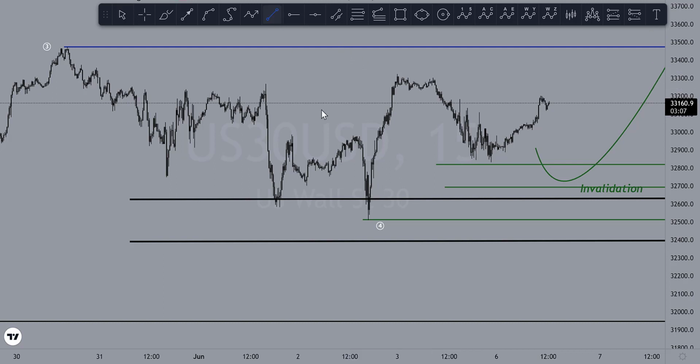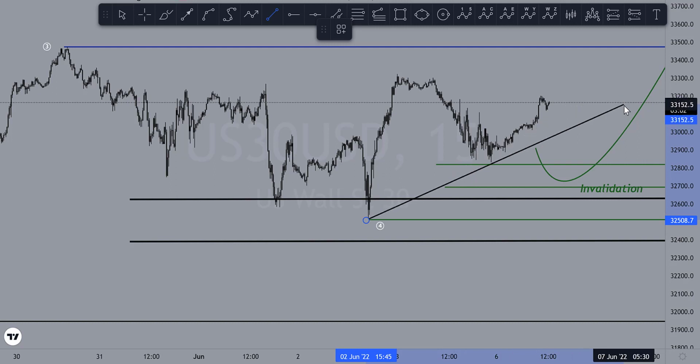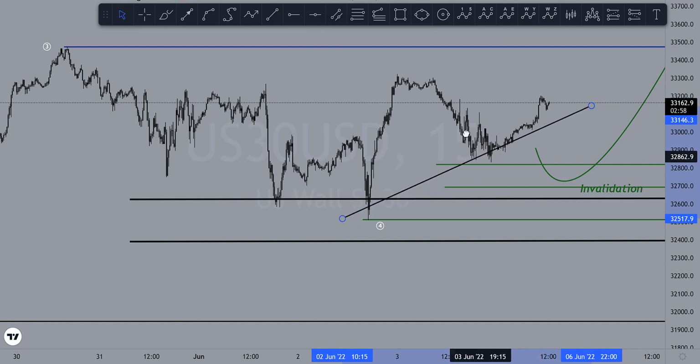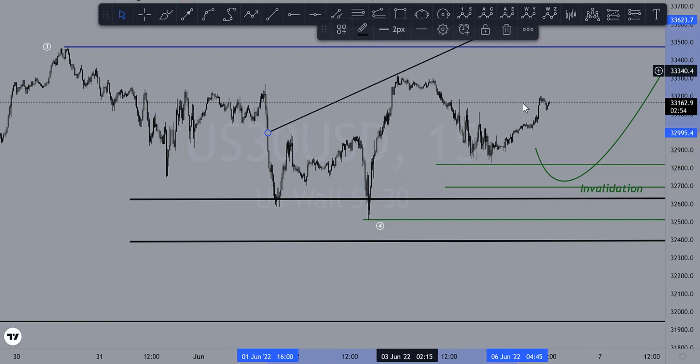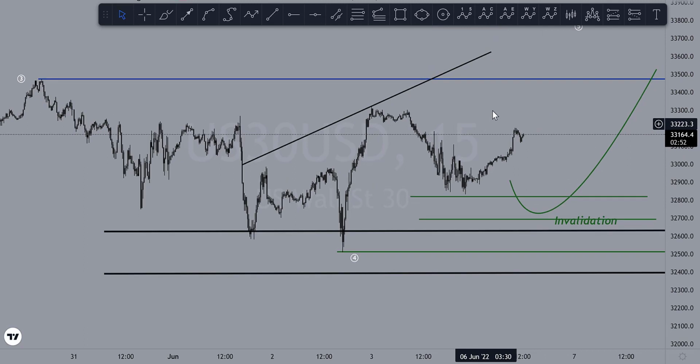But keeping in mind that this is a possibility. Let's just put this there. You take this trend line to that top. Keeping in mind that this is a possibility that they might just come here to balance off this channel and start going to the downside.